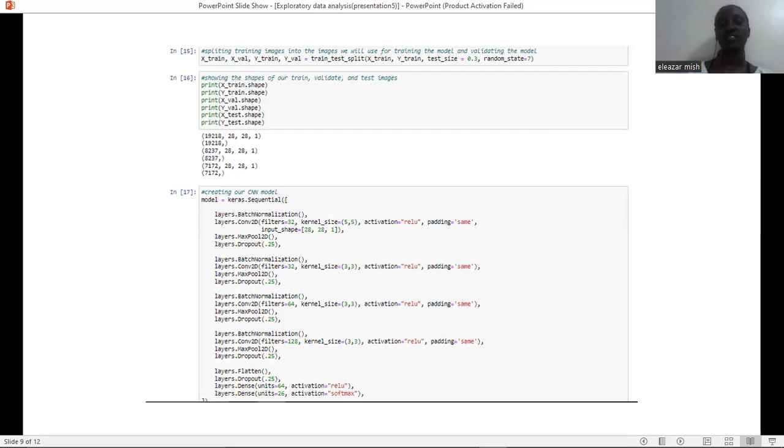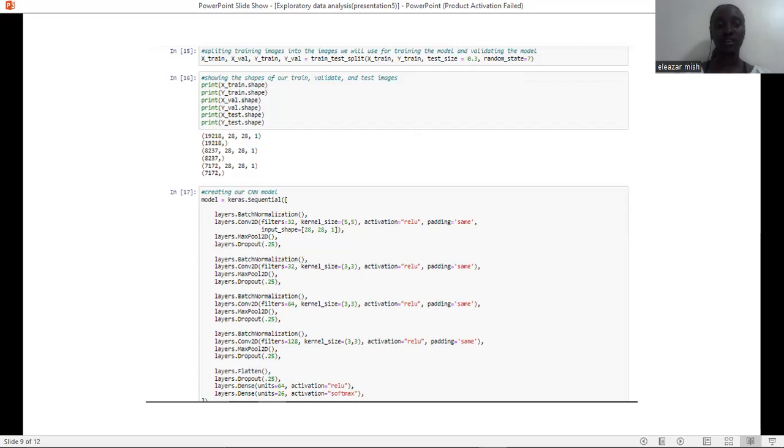Then this is split test size 0.3. The test size of 0.3 around here shows the amount of data in the data set that I used for testing. So I used 30% of the data for testing. I split all the data in the data set and used 30% for testing. Then the rest of it is what I trained the model with.